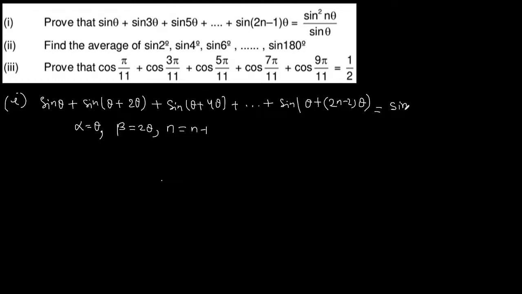So we have sine n beta by 2 upon sine beta by 2, into sine of alpha plus n minus 1, which here is n minus 2, beta by 2, that means theta. Upon sine beta by 2, which is theta.